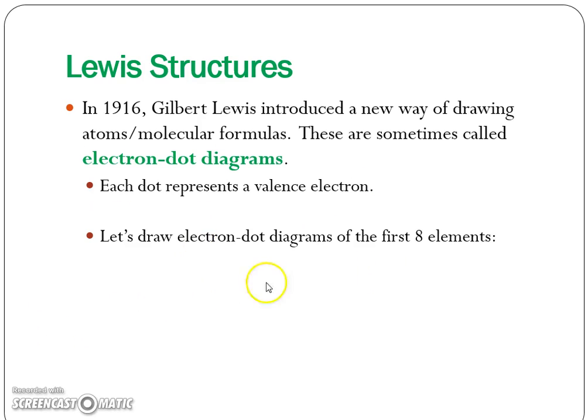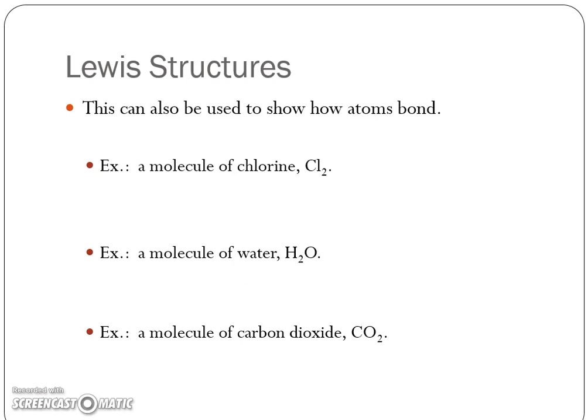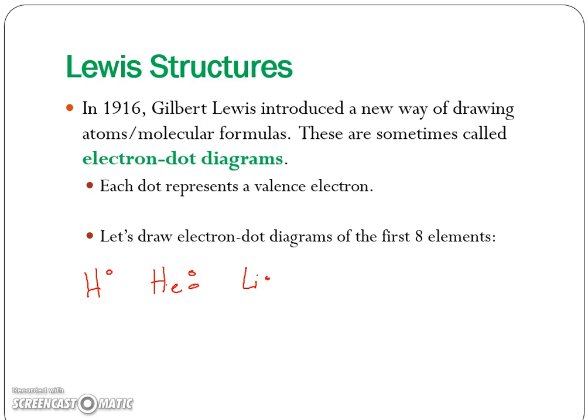So let's draw electron dots for the first 8 elements here. Hydrogen has its 1 valence electron. Next up is helium with its 2 valence electrons. The third element, lithium, with its 1. This is where my smart board is really not going to like this. Lithium with its 1, 2, 3 valence electrons.